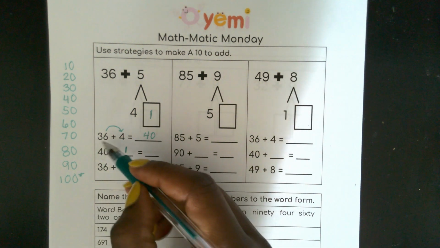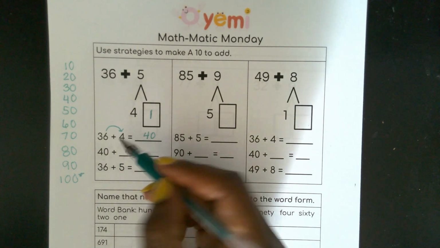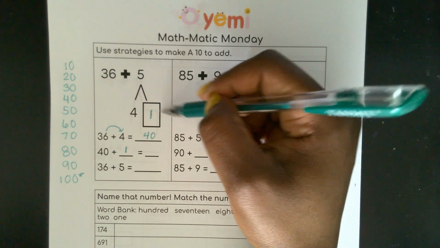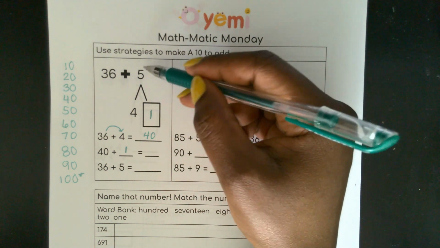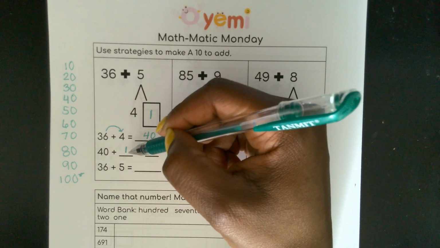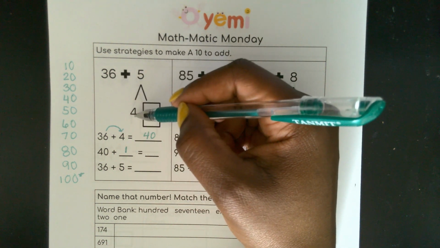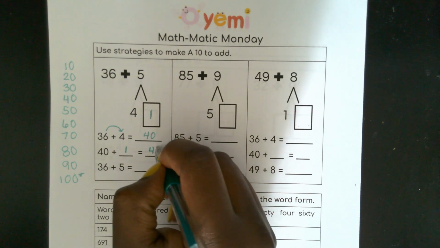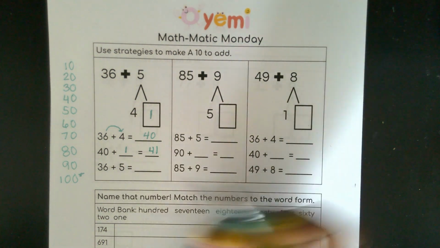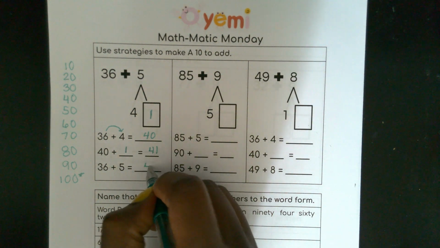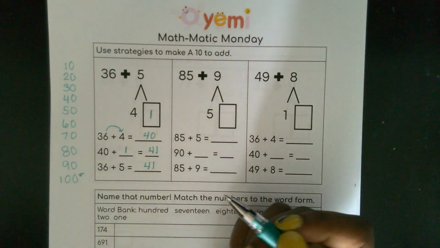Remember we did 36 plus 4? 36 and 4. I needed one more to make that 5. So there's the one more that's missing from the 36 plus 4. So that's going to equal 41. And look, 36 plus 5, well, now we know that that's 41.